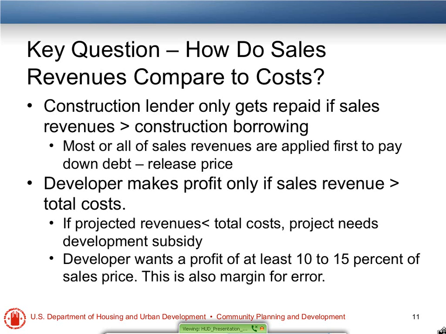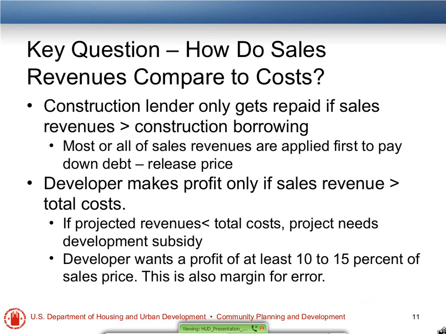For example, if the home sold for $150,000, the construction lender might ask that $145,000 of the sales price be applied to the construction loan. $5,000 would then go to the developer as a small percentage of their profit until all of the construction loan is repaid. But in most cases, the developer only makes a profit if sales revenues exceed total cost, and that construction loan and all other costs are paid back in full.